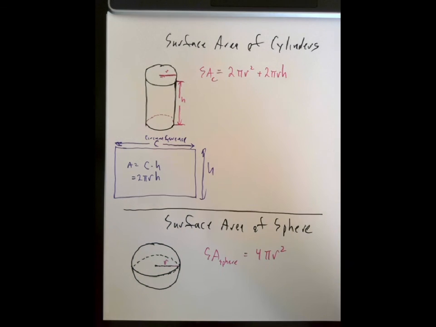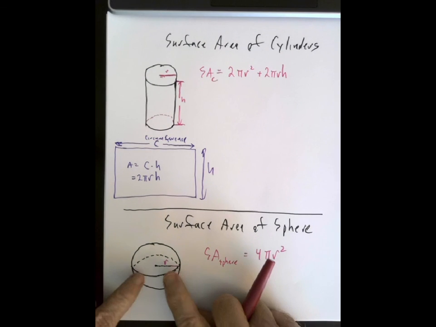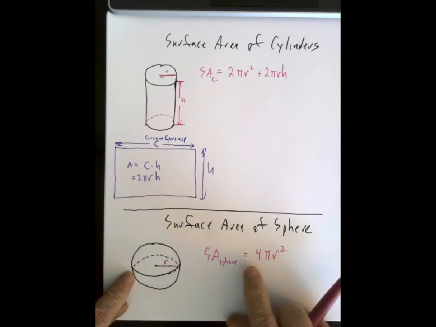So that's why it takes higher math to find out where that formula comes from. But that's okay. We're just going to have to live with it right now, okay? So that's the formula there.